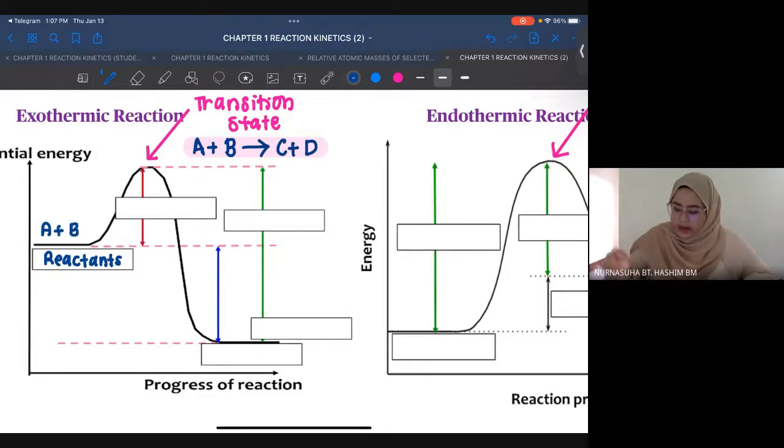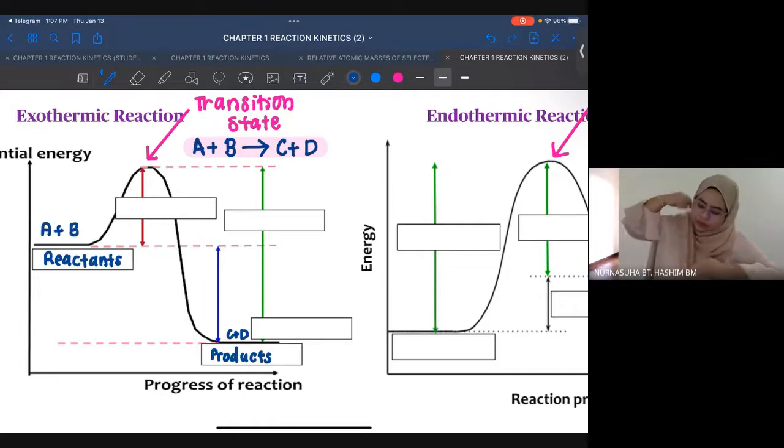Okay, on your right hand side is your product. And our product is C plus D. Okay, next.